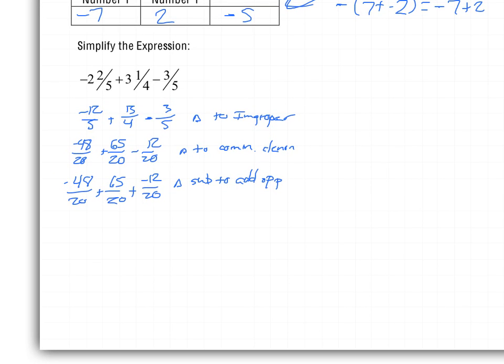So combining these two, that's going to give me 17 over 20 positive plus negative 12 over 20. Combine those two, that's going to give me 5 over 20, which simplifies to 1/4. So this is just using the associative property, in a sense, to go ahead and add whichever values we wanted.